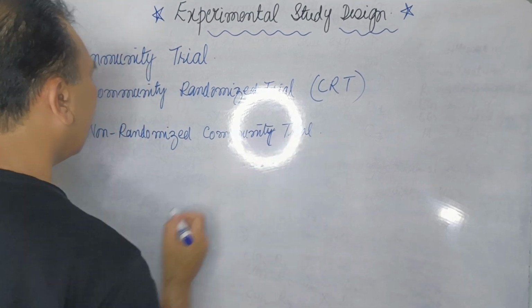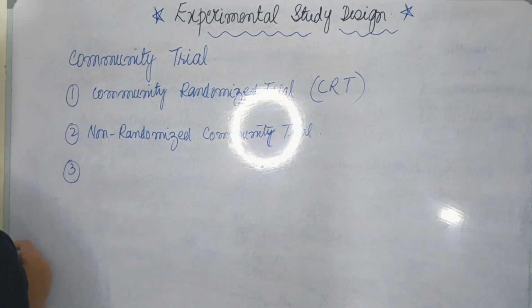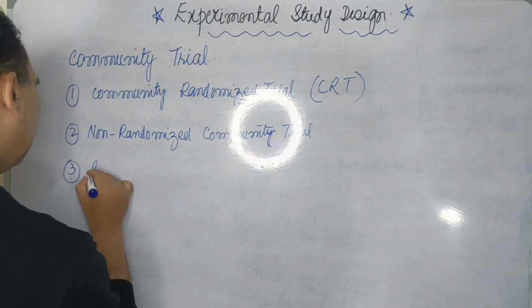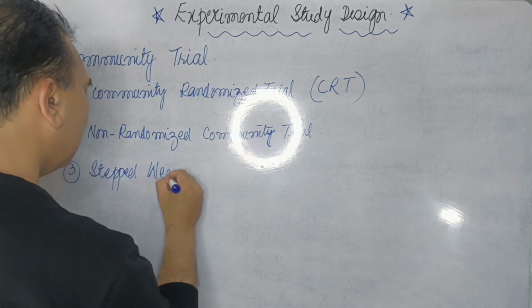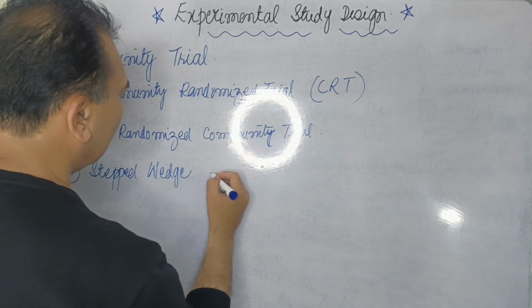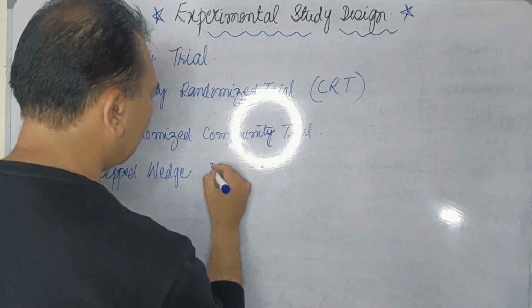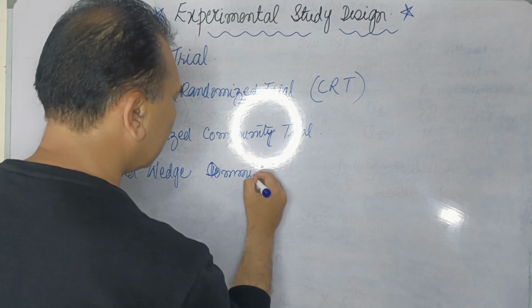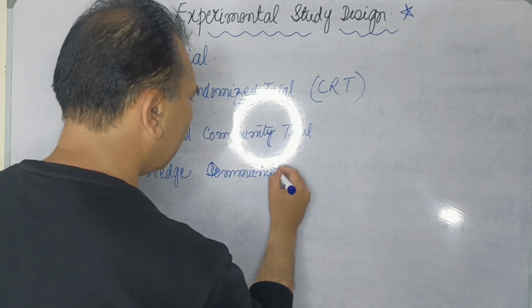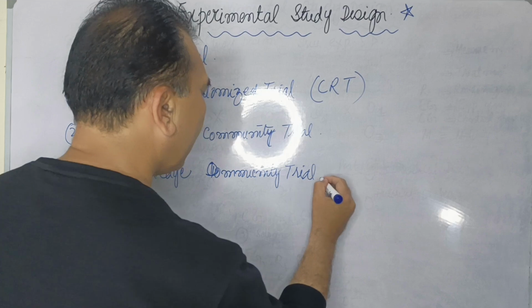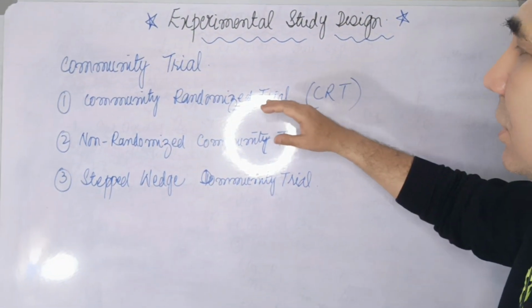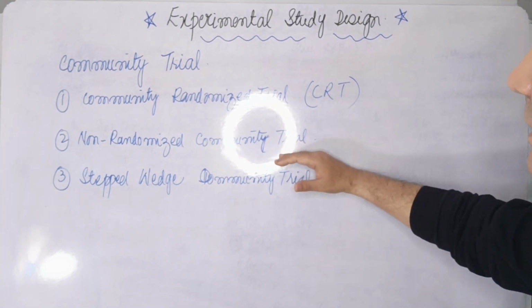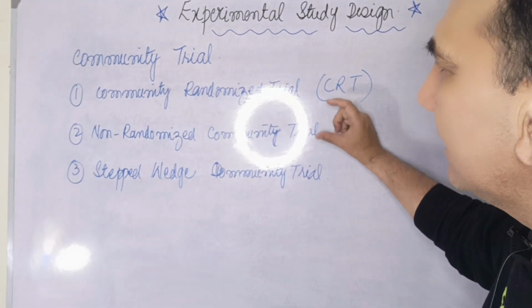And the third one, which is nowadays used, is the Stepped Wedge Design community trial. The community randomized trial and the non-randomized community trial are a little bit different.